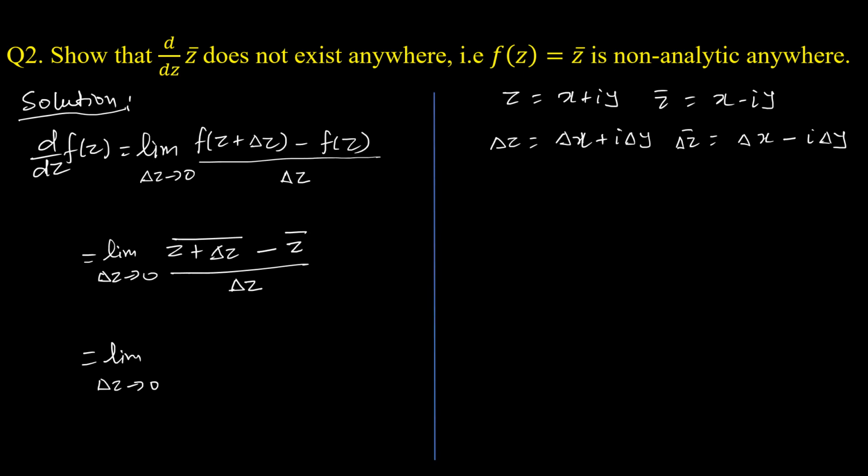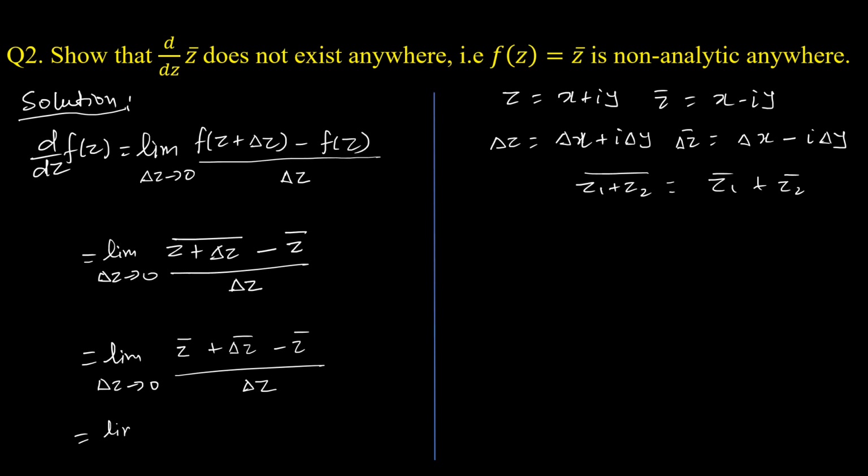Now z1 plus z2 bar can be written as z1 bar plus z2 bar. So in this way we can write it as z bar plus del z bar minus z bar upon del z. So ultimately it will be limit del z tends to 0 of del z bar upon del z.